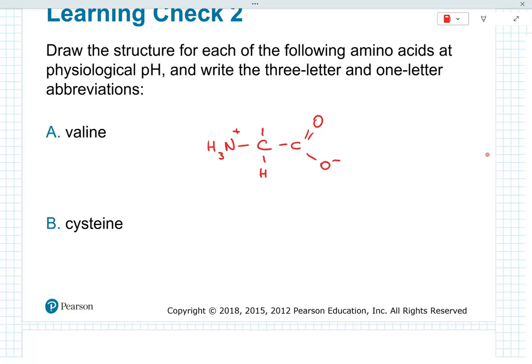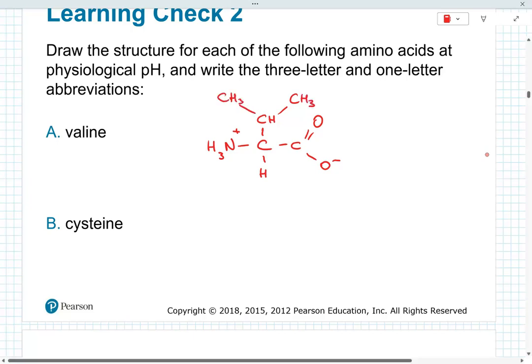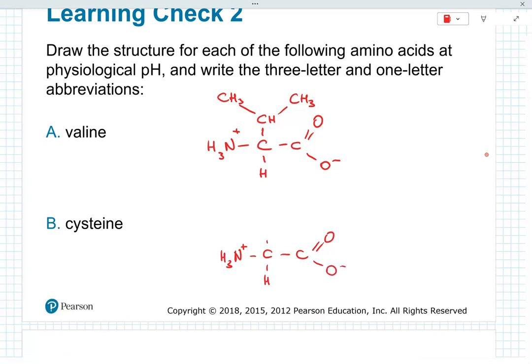Now, structurally, valine, this. Okay? Cysteine, same story. But in this case, it's the polar amino acid that is cysteine.